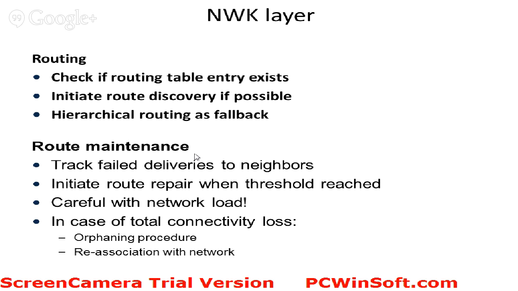Again, it can be a situation that I have changed the batteries of that dying node. So again, I have to insert that node into my network, and then all the routing table entries will be accordingly rearranged. Orphaning and reassociation are the basic words which are called for.